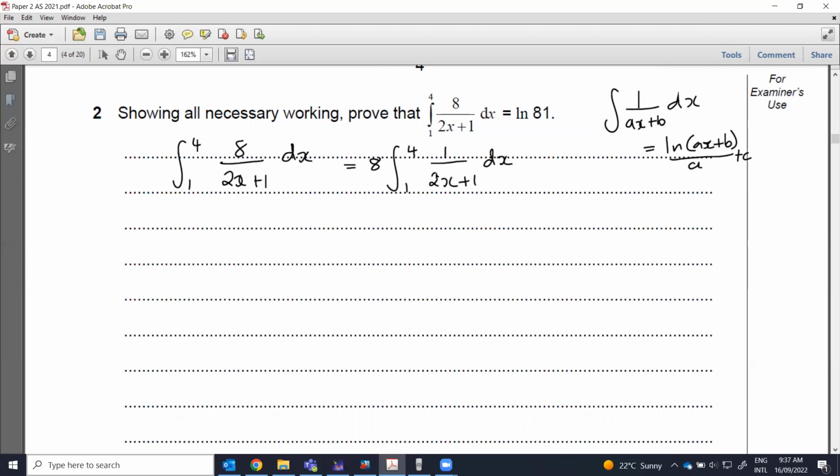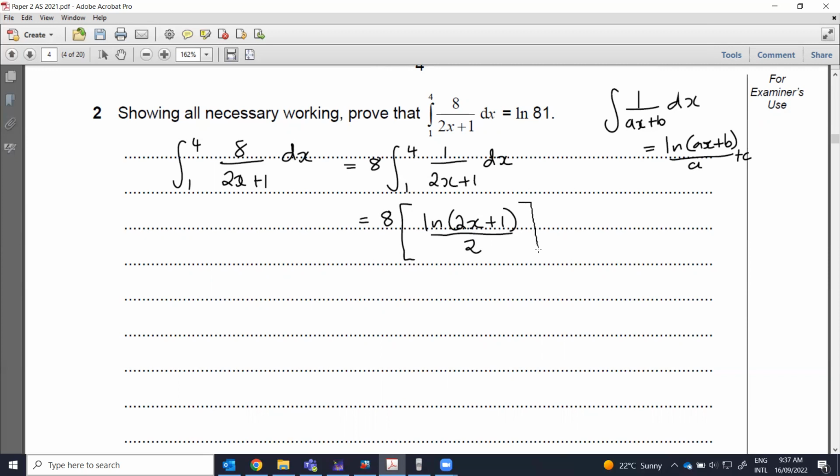So even with this one, I would do it in the same way. The 8 that is outside would remain there, and because this is a definite integral, I'm going to put my answer in a box to show that I still have to substitute after I integrate. So this will be ln of the denominator, and then divide by the coefficient of x, which is also the derivative of 2x. So it's 2.